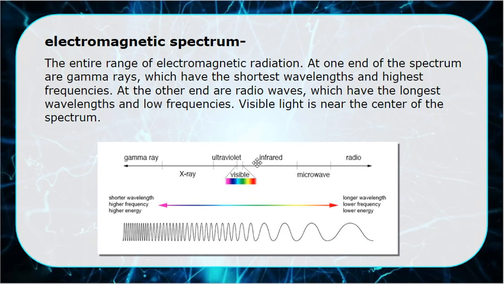So light, visible light, just refers to just these right here. Just these waves. And if the waves get too long, then they're not visible anymore. And if the waves get too short, then they're not visible anymore. Human eyes evolved just to see these wavelengths.